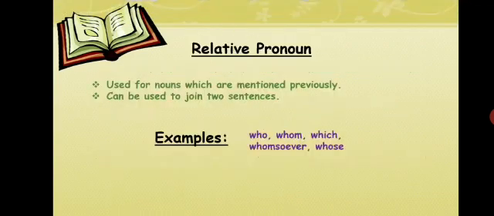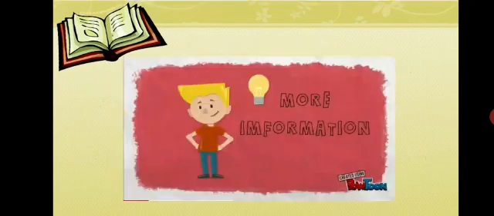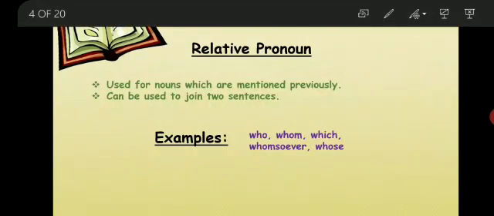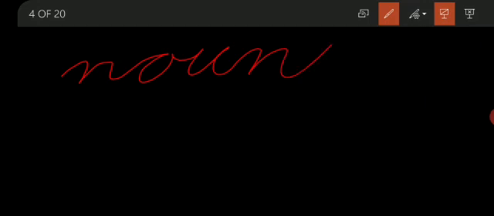What is a relative pronoun? Before talking about relative pronoun, we will recall the definition of a pronoun. What is a pronoun? A pronoun is a word that takes the place of a noun. It is used instead of a noun.